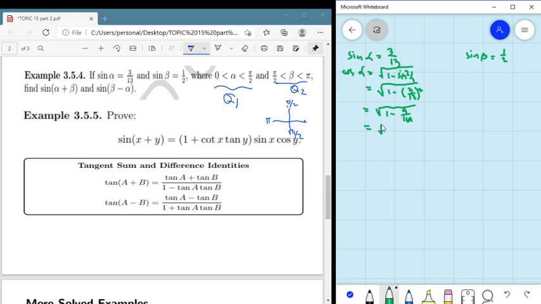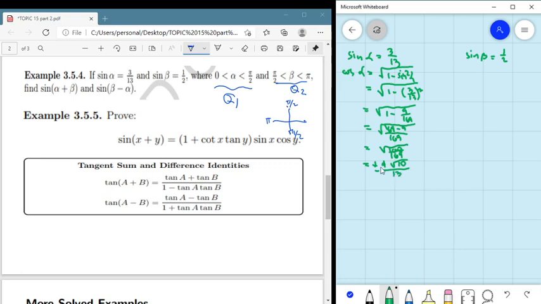It should be the square root of, with 169 as the LCD, 169 minus 9. The answer is 160 over 169. Then 160 can be simplified as 16 times 10, so the square root gives plus or minus 4 square root of 10 all over 13.